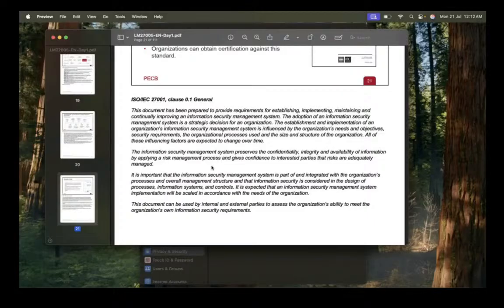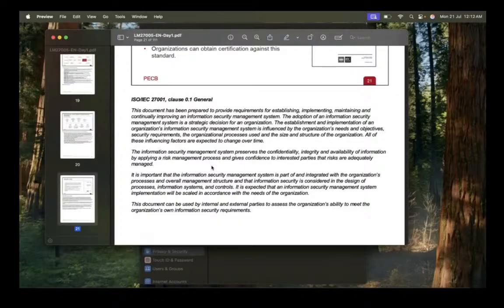So this only talks about the requirements, what the requirements are in order to establish, implement, and improve the system. The adoption of an information security management system is a strategic decision for an organization.